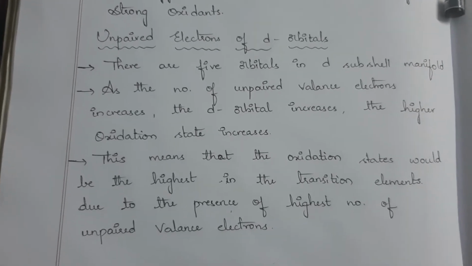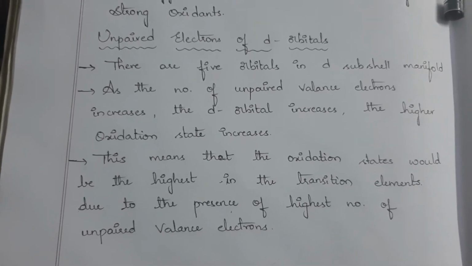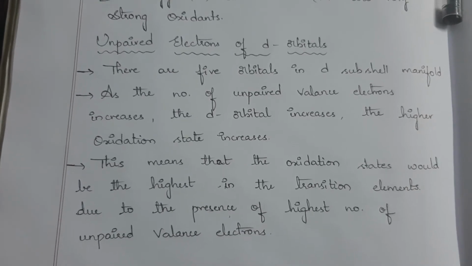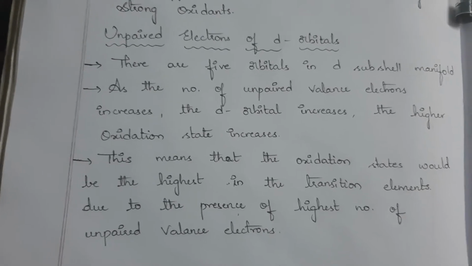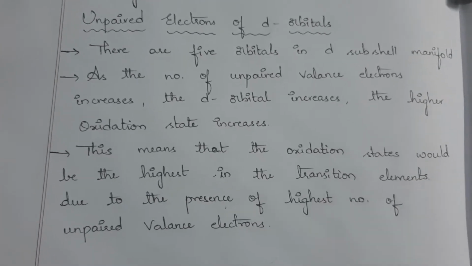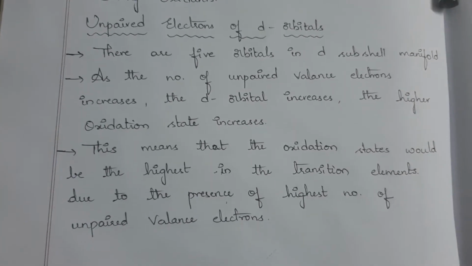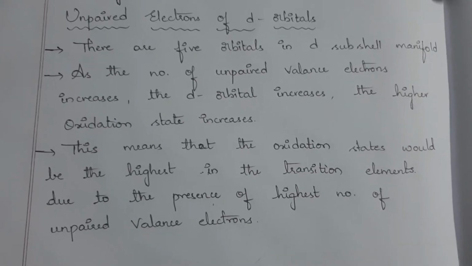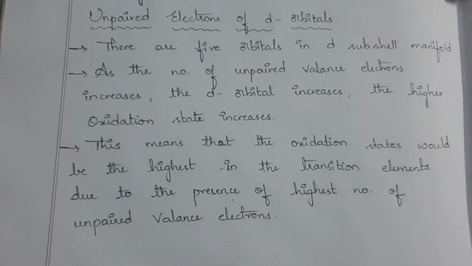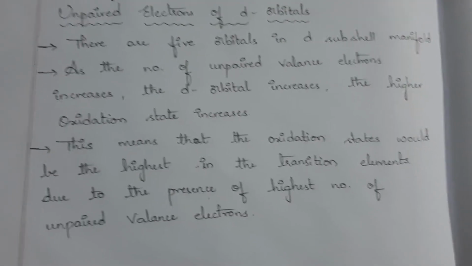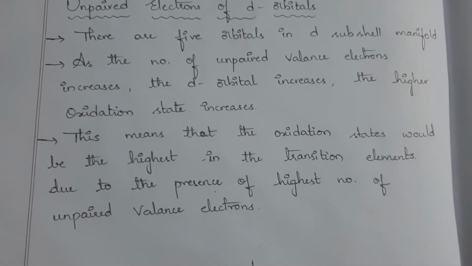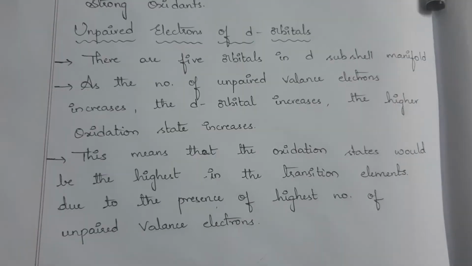To understand the phenomenon of oxidation states of transition elements, we have to understand how the unpaired d orbital electrons bond. We know there are 5 orbitals in the d subshell manifold. As the number of unpaired valence electrons increases, the oxidation state increases.